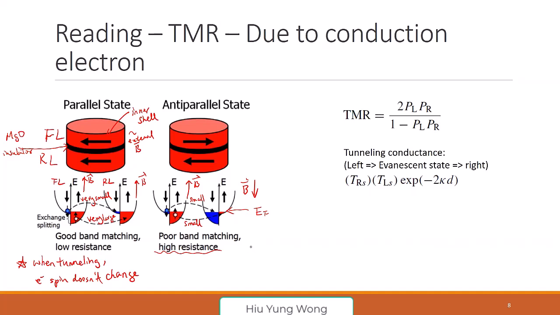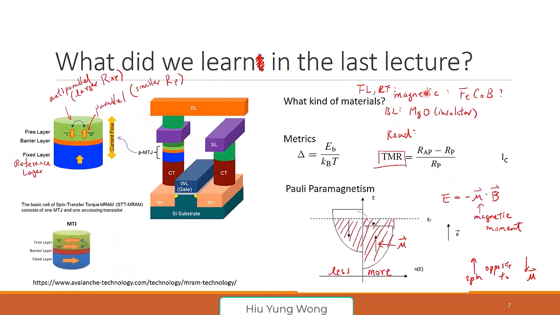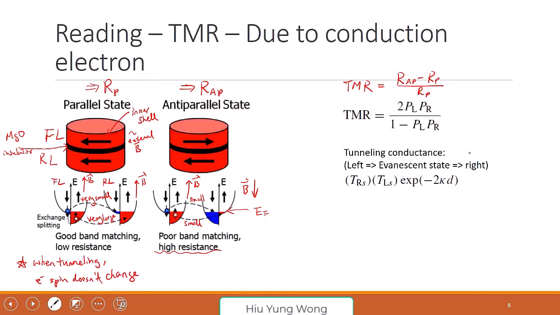So then, of course, earlier we said that this one gives us our P, which is smaller. This one gives us our AP, and then our tunneling magnetoresistance is AP minus P divided by P, like what I put here. What we discussed last time. And it's not much, maybe 80% or 100%.